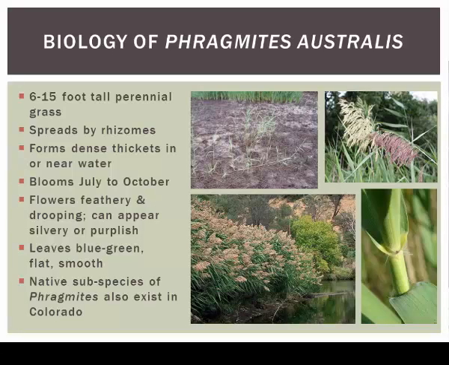It forms super dense thickets in or near water. You can see that right here as an example. It has a pretty long blooming season. The flowers are kind of droopy. They can range in color. So there's a lot of variety in these plants that makes it specifically difficult to identify whether you have the native or the invasive in your backyard.